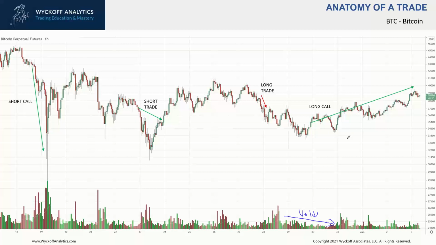Sometimes the rallies can be a technical rally. I'm wondering, based on the declining level of demand, which you're indicating there, and you mentioned that this is not a real aggressive move, whether this might fit the description of a technical rally rather than a sustainable one.